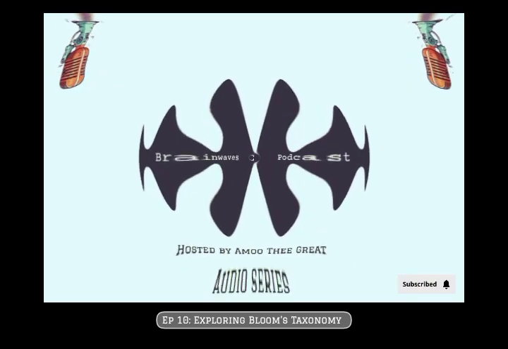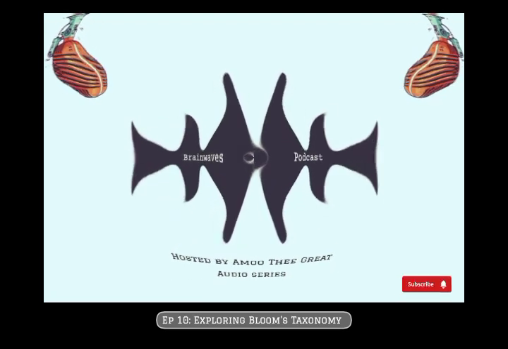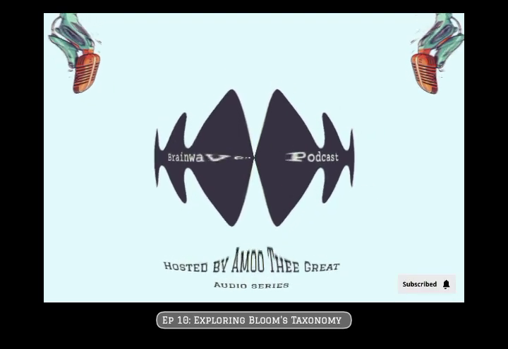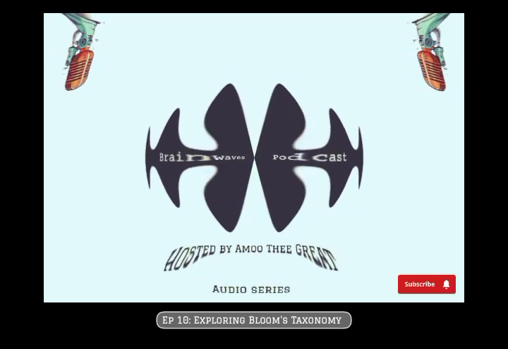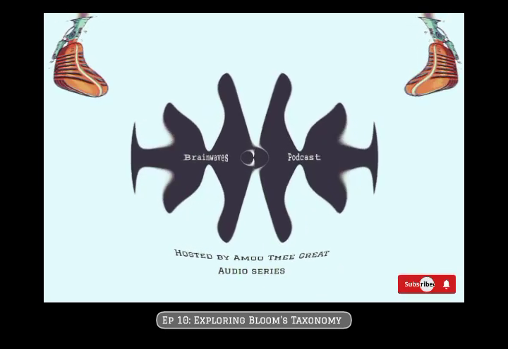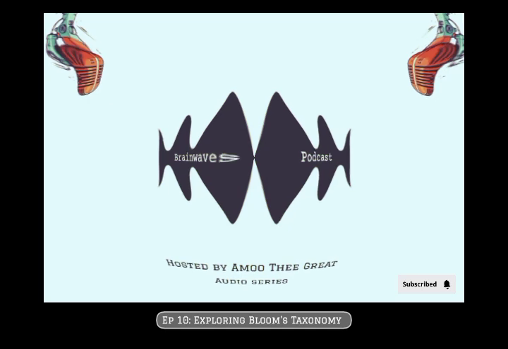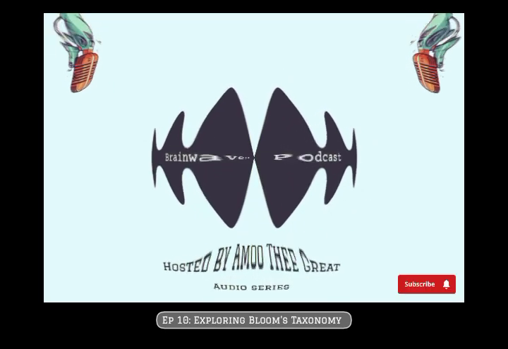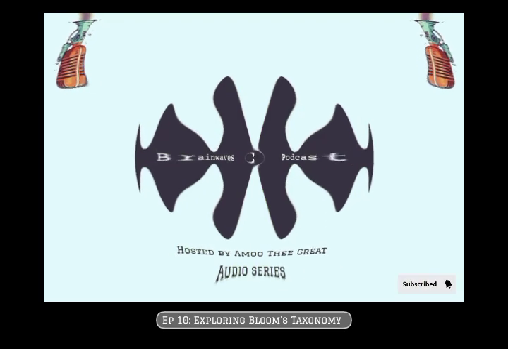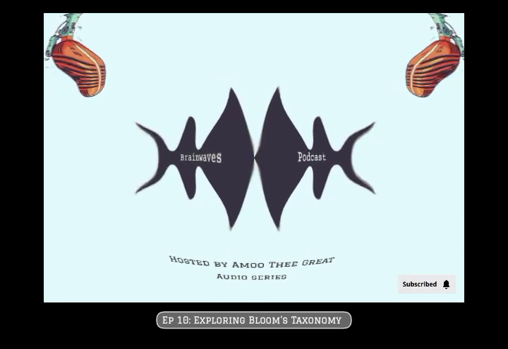The levels were updated to remembering, understanding, applying, analyzing, evaluating, and creating. The revised taxonomy uses verbs instead of nouns, emphasizing action and engagement. It also swaps the top levels, with creating becoming the highest cognitive skill.